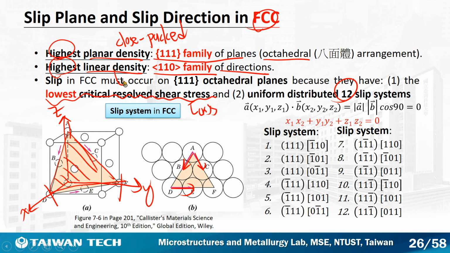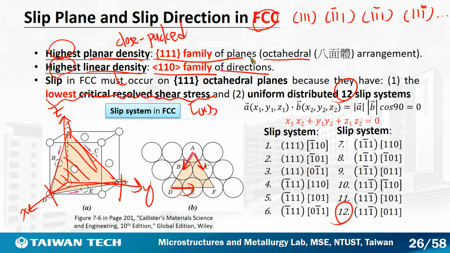And you can see here, we list 12 slip systems here. And you may wonder, we have a lot of the 111 family of planes, right? For example, 111, minus 111, 111 minus, and so on. So more than 4, right?